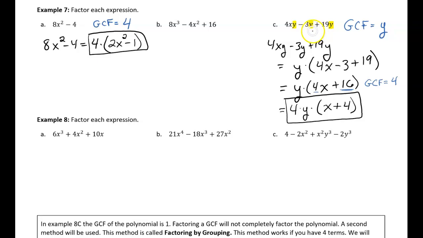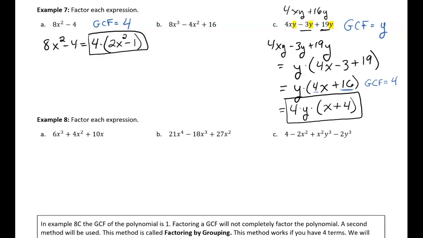We could, at the very beginning, up here, notice that the minus 3y, the plus 19y, would give us a plus 16y, and then that would have changed our GCF at this point, but either way, we would have ended up in the same place. Right? It would have all together ended up in the same answer, the same factorization.